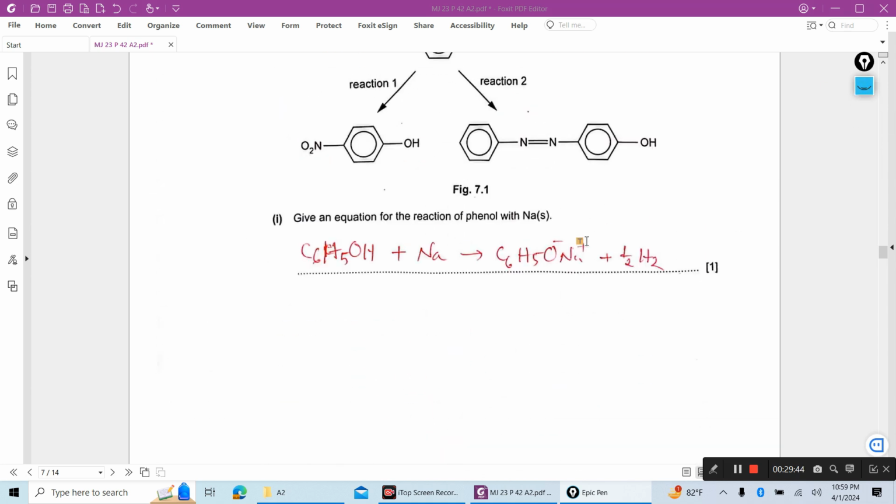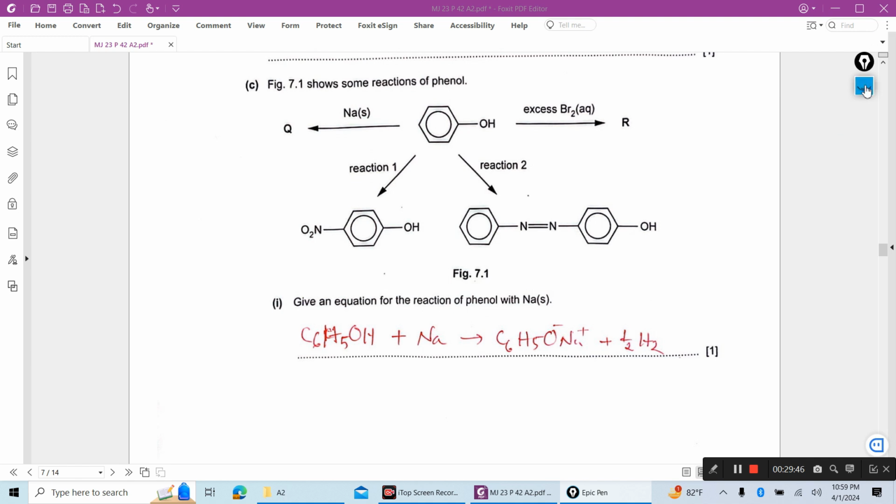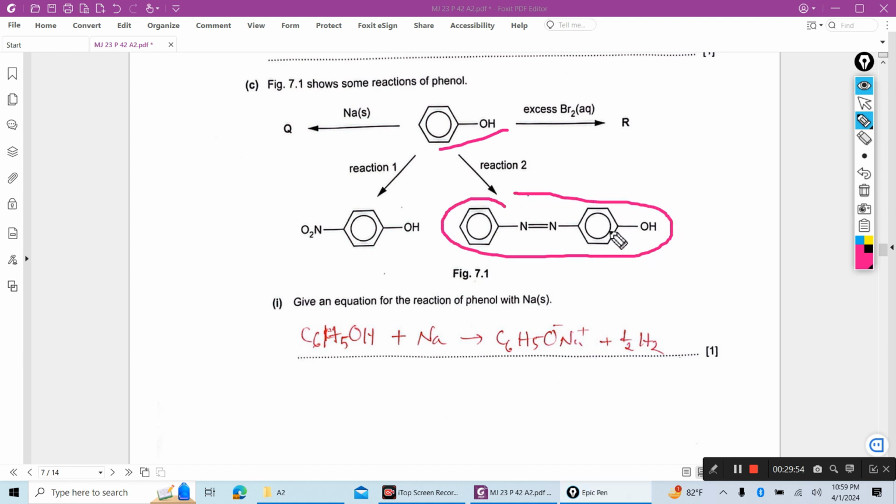Now you see reaction 2, phenol produces 4-hydroxyphenyl azobenzene. This part is the benzene diazonium ion.